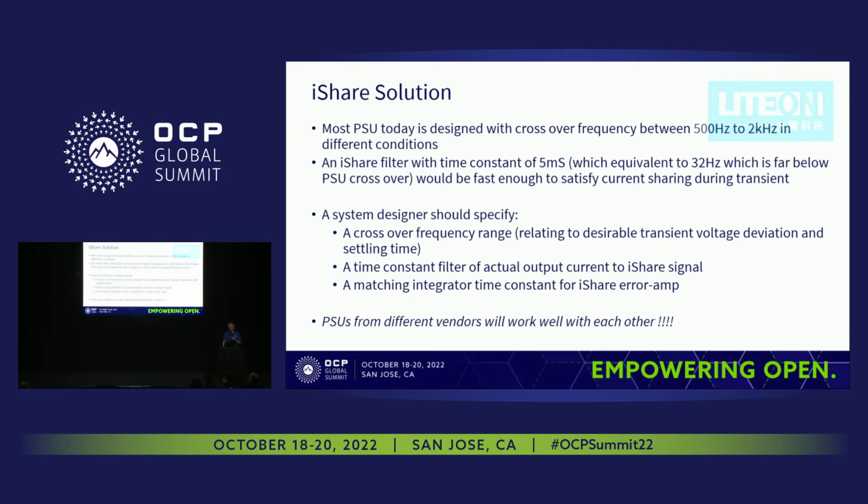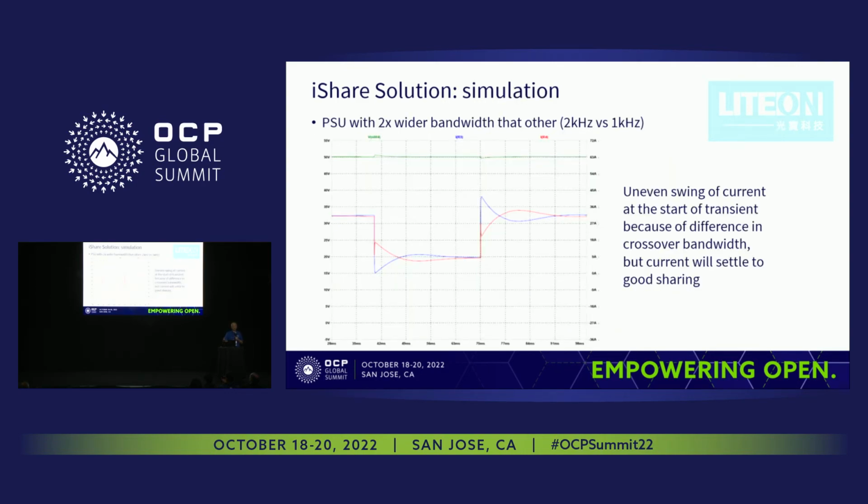So how is it going to work? I did a little bit of simulation. I put two power supplies, one with 2K bandwidth, one with 1K bandwidth, so like a 2x difference, and using the same principle I just talked about, I ran a simulation.